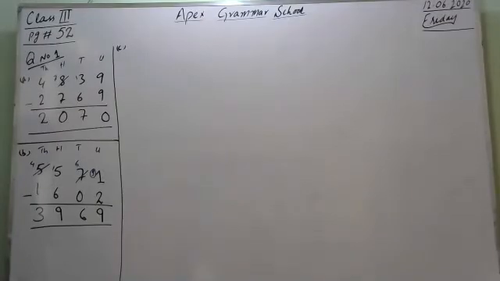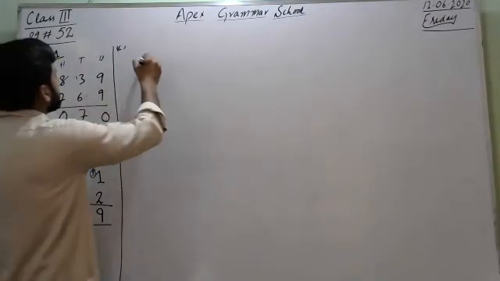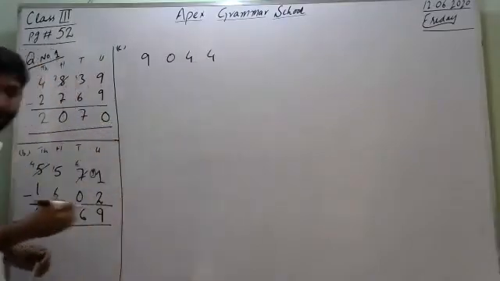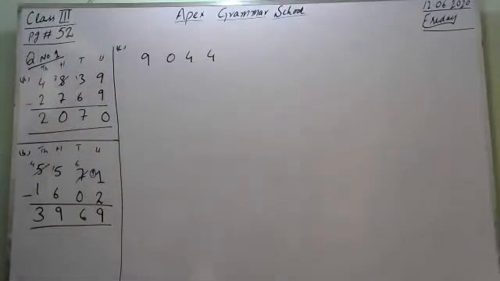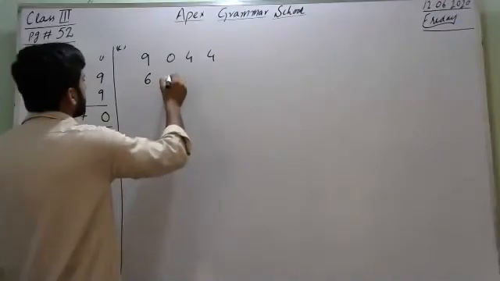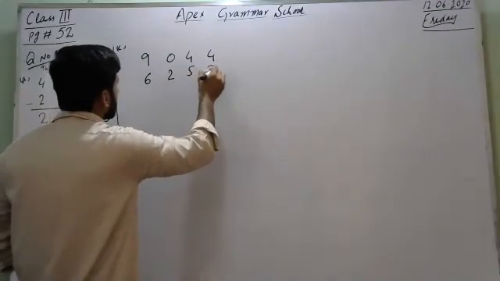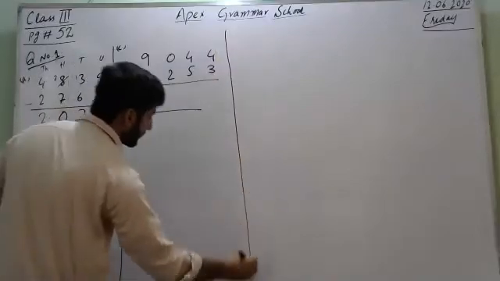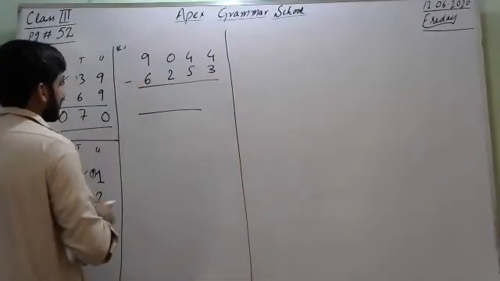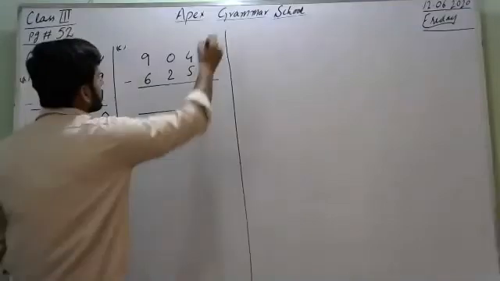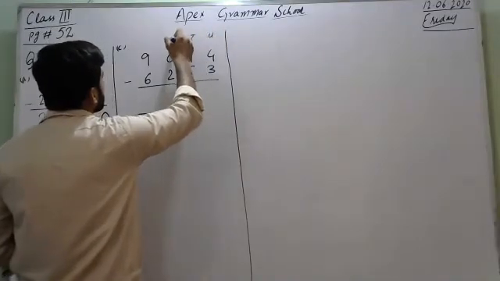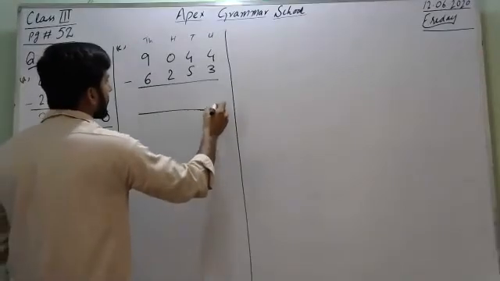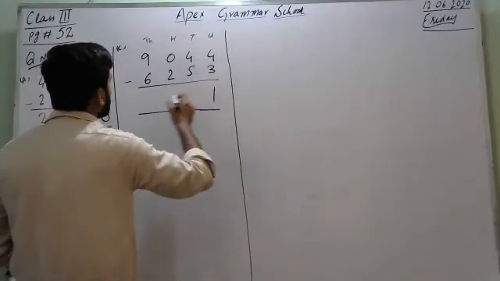C part is 9044 minus 6253. Four minus 3, 1.